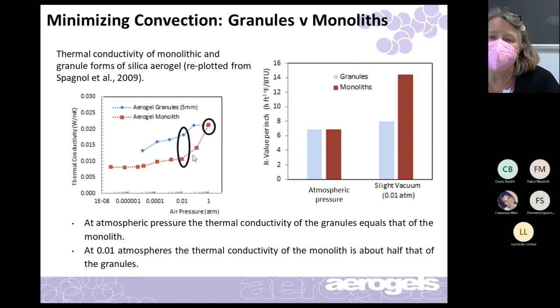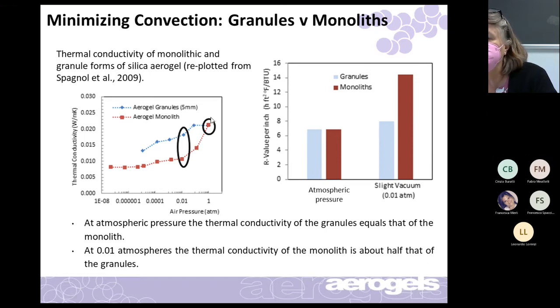I'll talk about this more on Friday because the work I do has to do with monoliths and particularly in window applications. We were showing that not only do monoliths give you better visibility, if you use a vacuum or you evacuate your system, you get even better thermal performance.